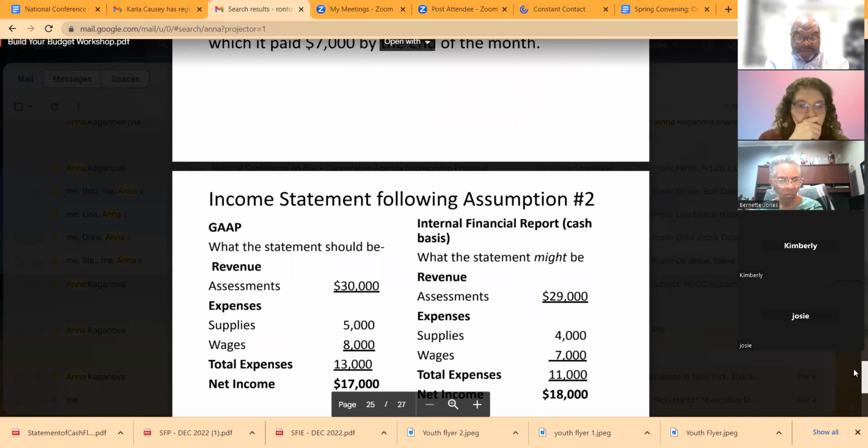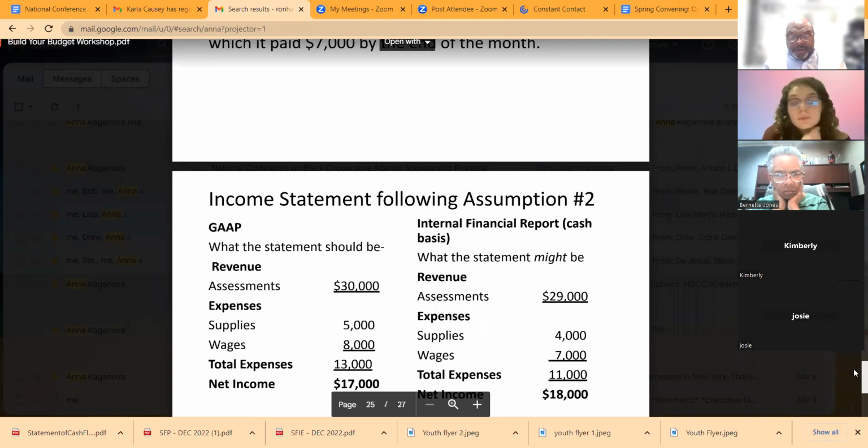Net income is 17,000. Now, why is it net income 17,000? That's 13 from 30 is 17. Yes, yeah. So from your assessments of 30,000, you expensed out 13,000, so your net income is 17,000.